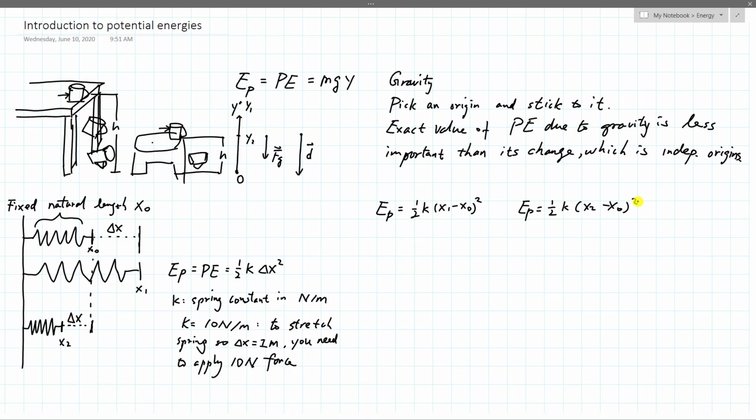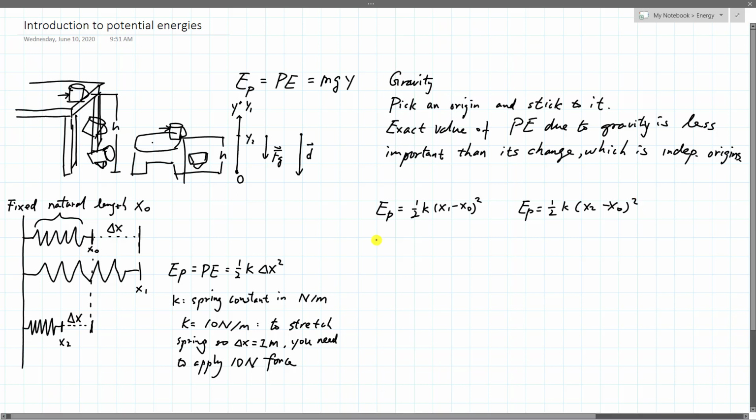So to talk about this, let's say we call this spring or elastic potential energy. Let's finish this. Gravitational potential energy.